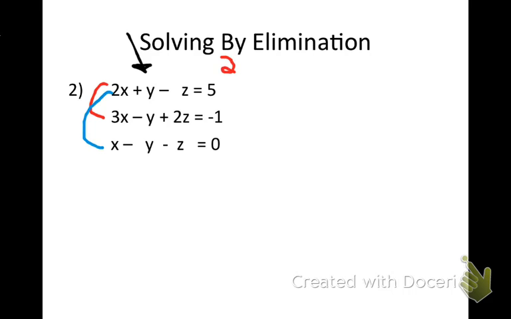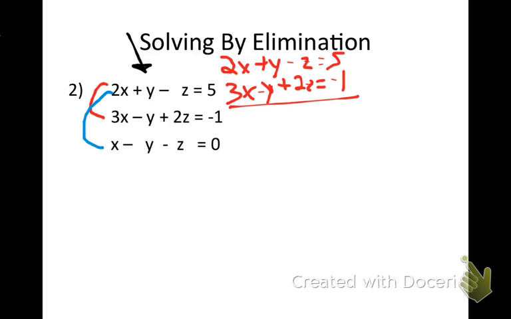So I get 2x plus y minus z equals 5. 3x minus y plus 2z equals negative 1. There's the first one. Second one now, so I'm taking the top one and the third one.